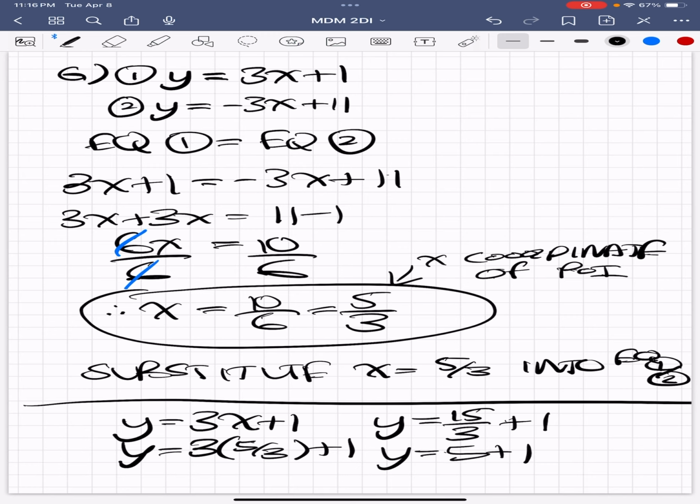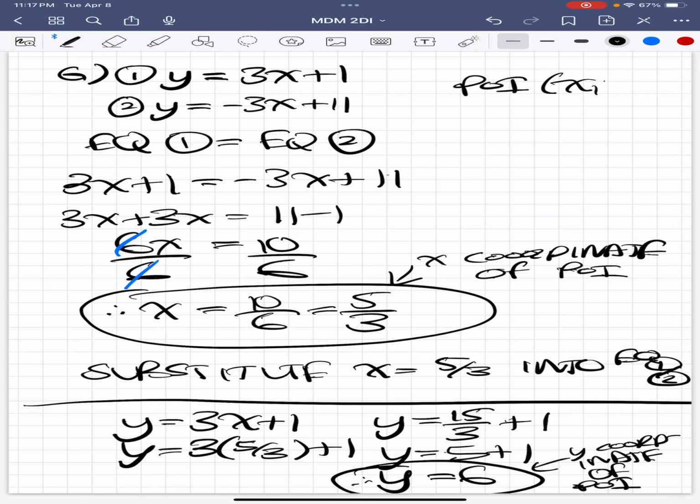So we have POI is x, y, and then our point of intersection is 5 over 3, 6.